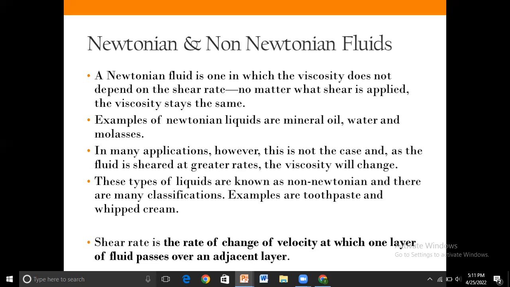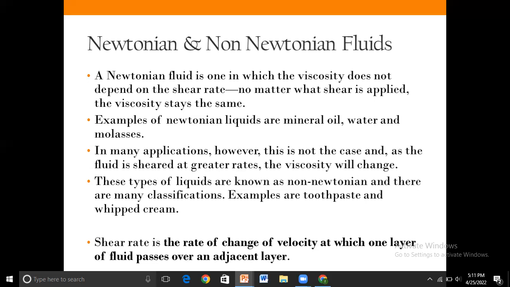That is why it is called a non-Newtonian fluid. When you're not beating it, it is just a thick fluid and you can pour it, but after you have whipped it, it is hard to pour.